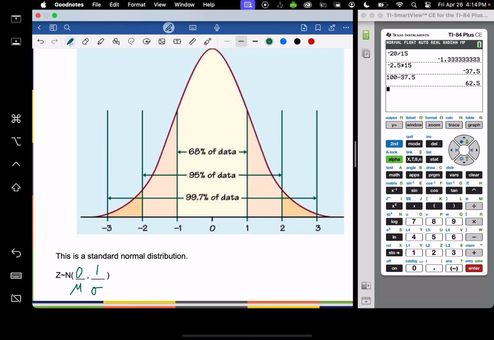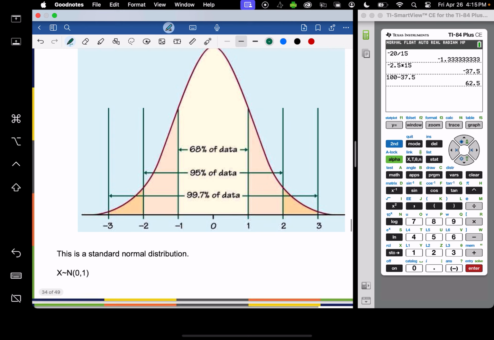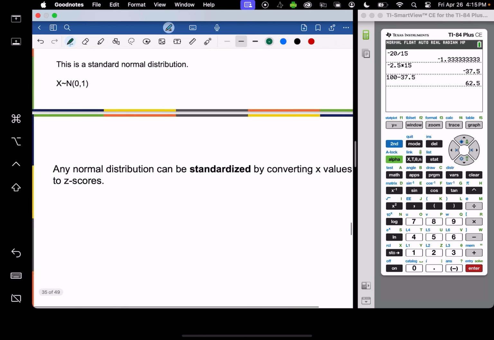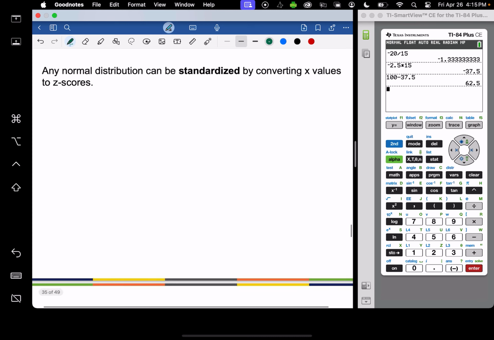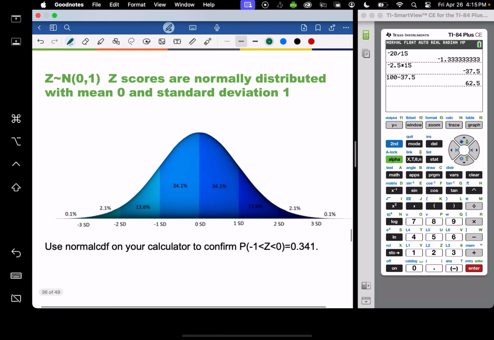So this is going to come back later. These are the z-scores, and they are distributed normally, again with a mean of 0 and a standard deviation of 1. And any normal distribution can be standardized, so you'll see us doing that, and we just convert the x values to z-scores.